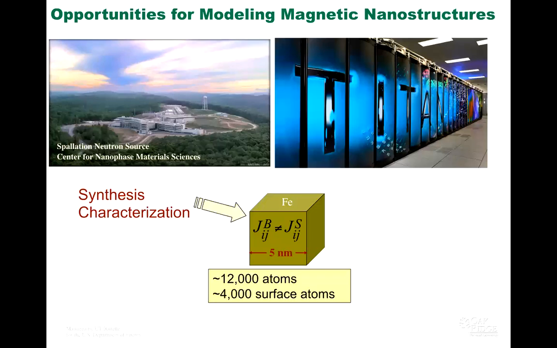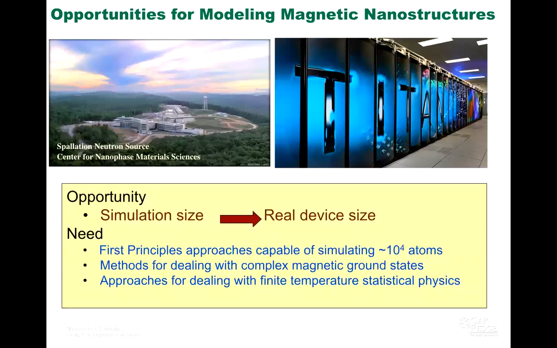So if you had a 5-nanometer block of iron, for example, you have about 12,000 atoms in this block. That's about around the smallest sizes you can experimentally achieve, but with large-scale computation, we now come into a range where we can simulate materials of this size directly.